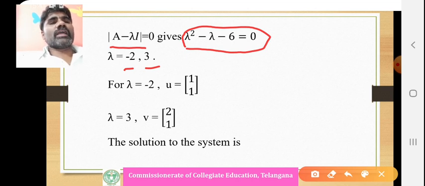Now for each eigenvalue we have to find the eigenvectors.